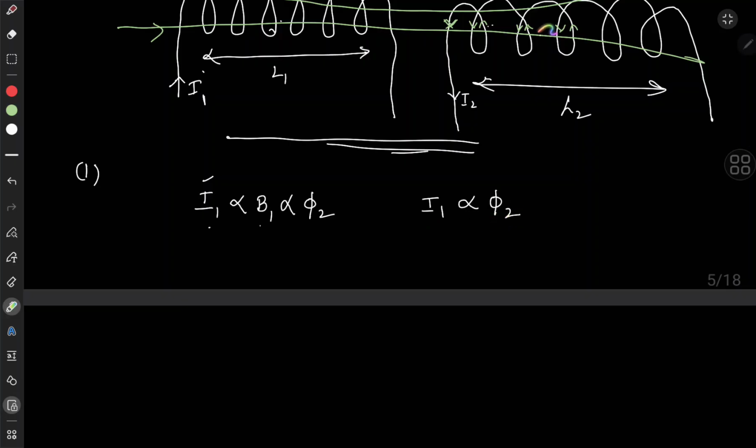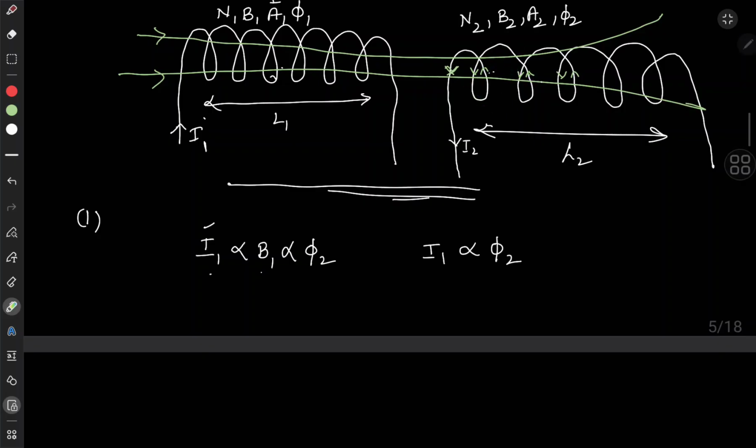Now we will do the relation I1 is proportional to phi2. Phi2 is the flux which is linked with the secondary coil.